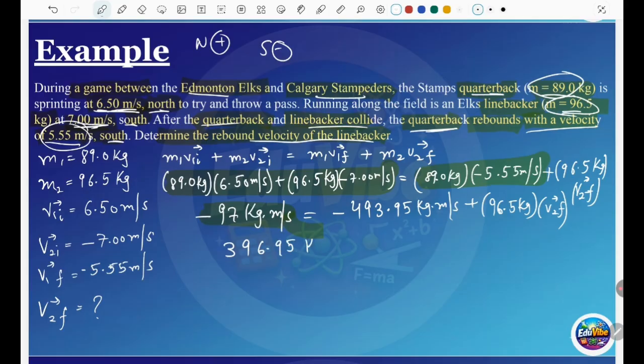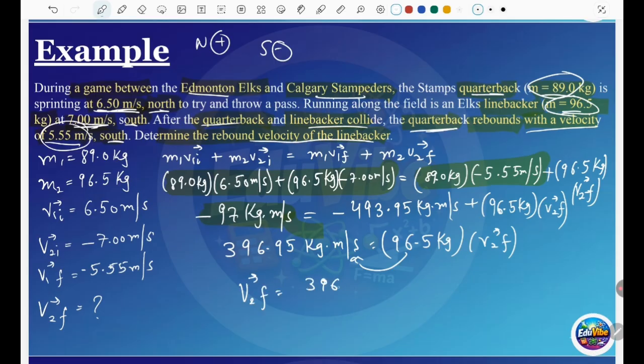So we get 396.95 kg·m/s, which is equal to 96.5 kg times V2F. Now this goes down to divide it. So V2F is 396.95 kg·m/s upon 96.5 kg. The kg cancel.